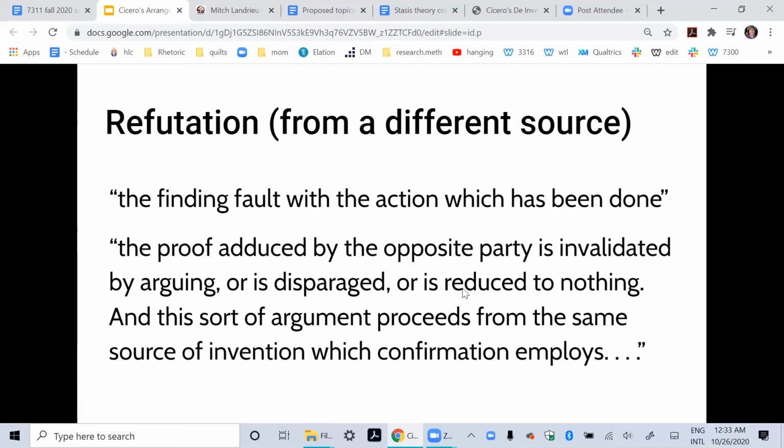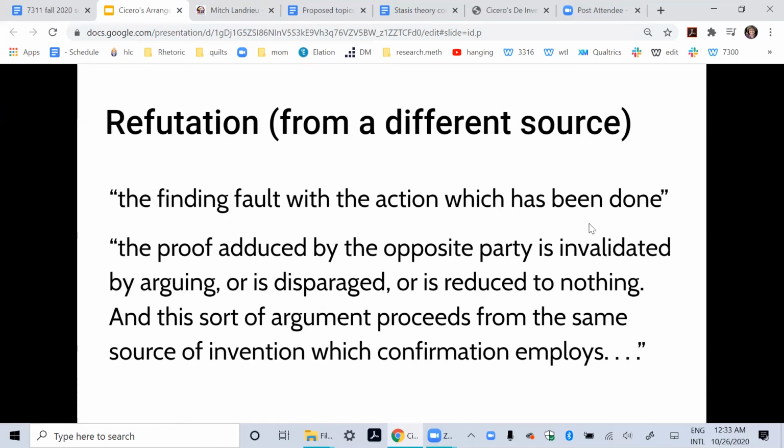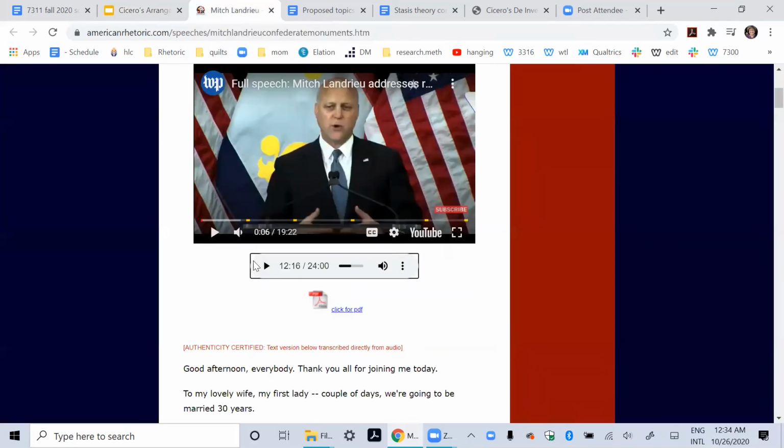You'll find lots of speeches where refutation is much stronger than confirmation, where the argument gets its energy from bringing up the objections and then making the claim by refuting them. So let's listen to the section that Mitch Landrieu does.